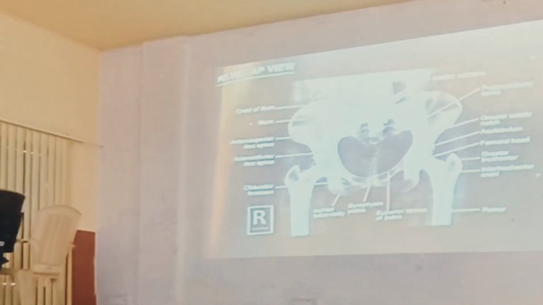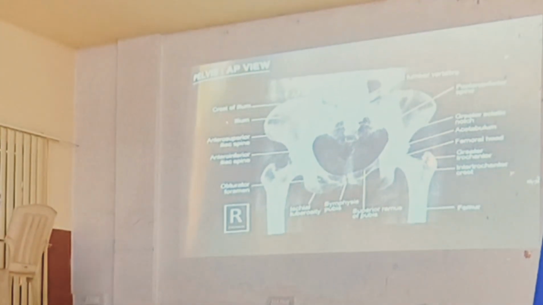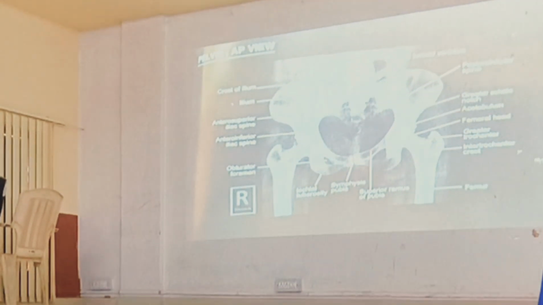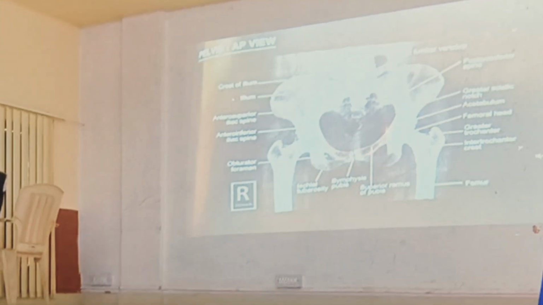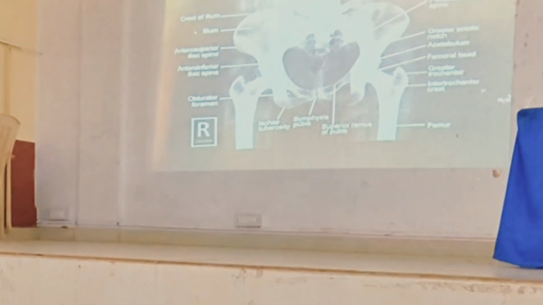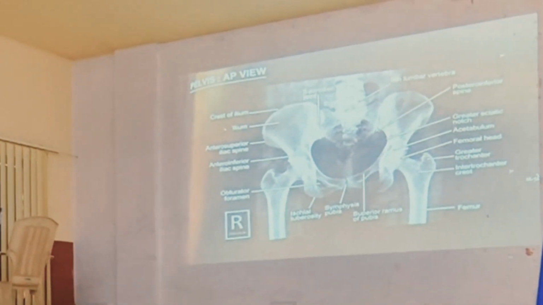If it is 125 degrees, that is the normal neck-shaft angle. Greater trochanter, and the intertrochanteric crest anteriorly. So this is the pubic symphysis and a normal plain X-ray with joints, and this is the 5th lumbar vertebra. This is showing the pelvis.